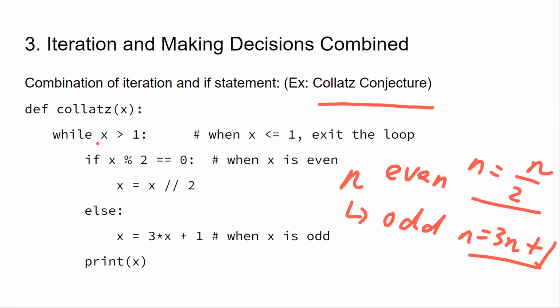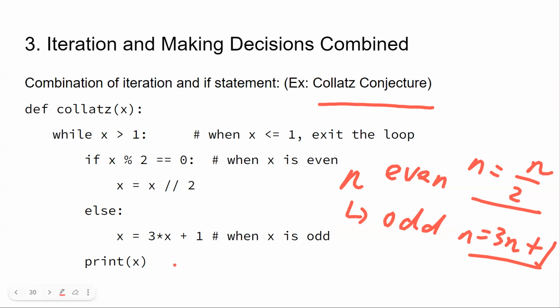So if I do the loop while x is greater than 1, and if it's even, like x mod 2 has no remainder, I will divide by 2, or else I will do 3 times x plus 1, because there's only even or odd numbers, so you don't have anything in between.